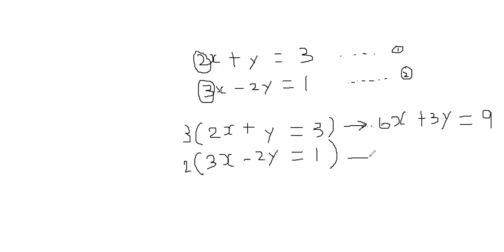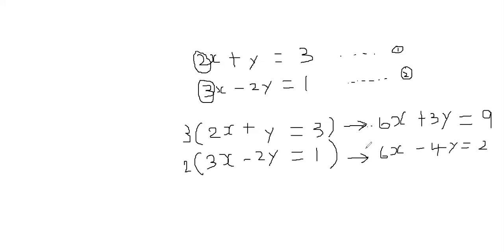This one here, we have 2 times 3x will give me 6x. And 2 times minus 2y will give me minus 4y. And 2 times 1 will give me 2.